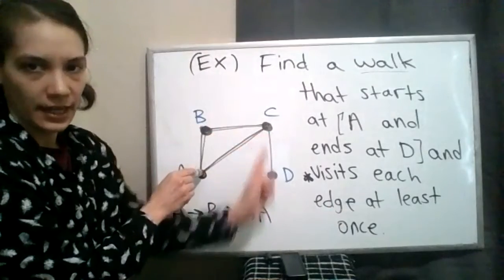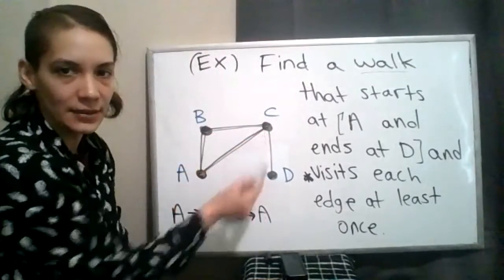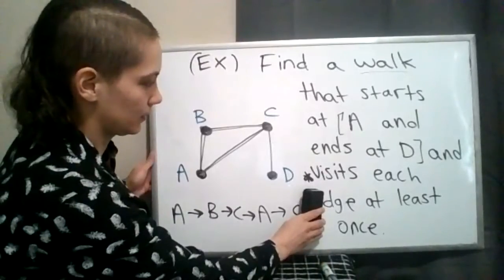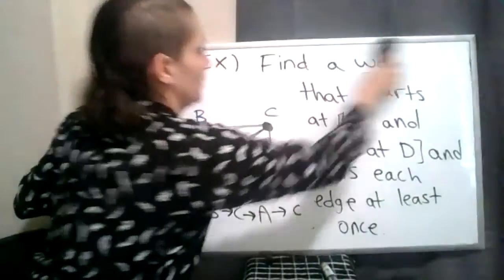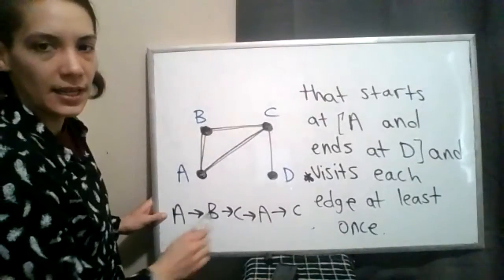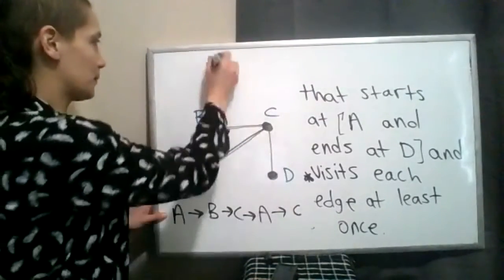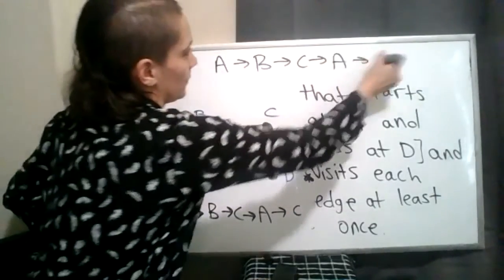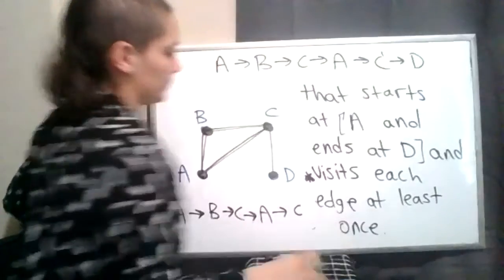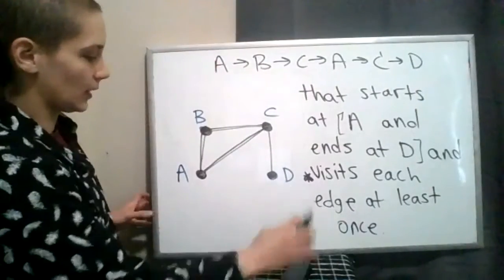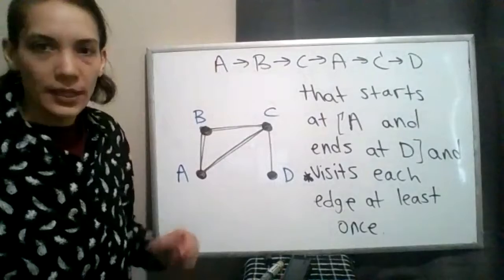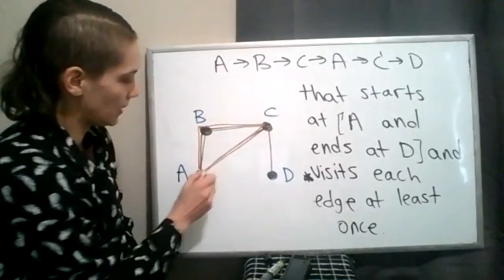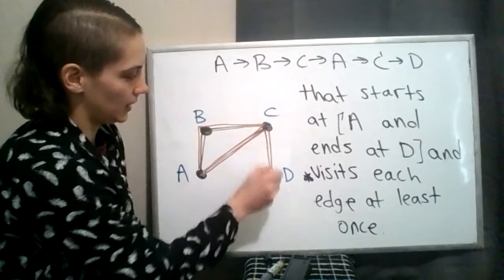I need to go over this edge right here, so let's go back to C and then down to D. Okay, so I chose A, B, C, A, C, D. Let's go again with, that will go from here, here, here, back, back, there.